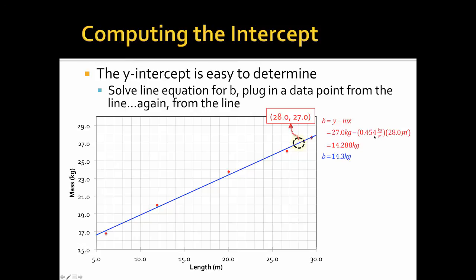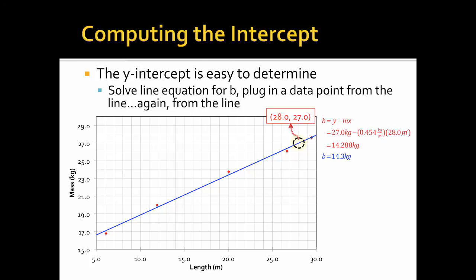Notice I've brought along an extra digit with my slope to reduce round-off error. When I'm done, I get 14.288 with my calculator, but I must realize that this number right here will have 2 digits, and this one will have 3, but it ends at the first decimal. So I have to end my answer at the first decimal, and my intercept becomes 14.3 kilograms.